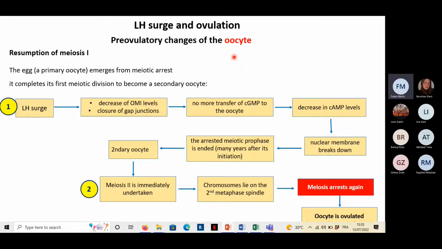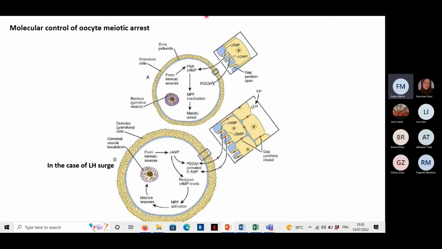As we have said during the last session, the LH surge will lead to the resumption of meiosis. If you remember, this is the oocyte, and those are the granulosa cells surrounding it. And here we have in blue the zona pellucida. We have gap junctions between the granulosa cells and the oocyte.